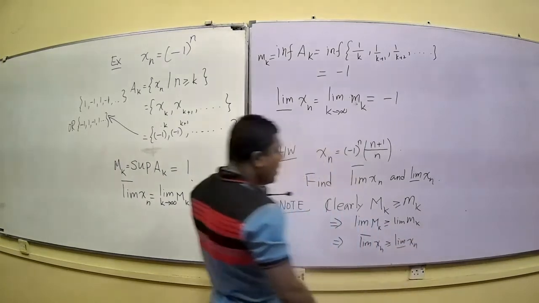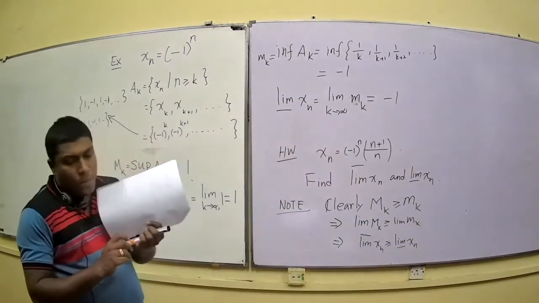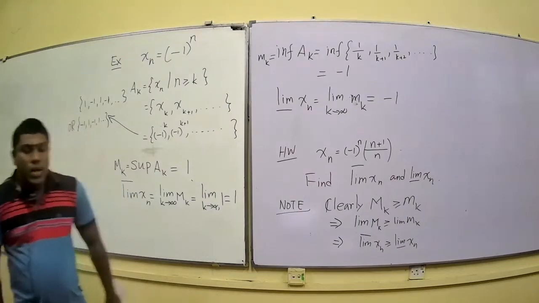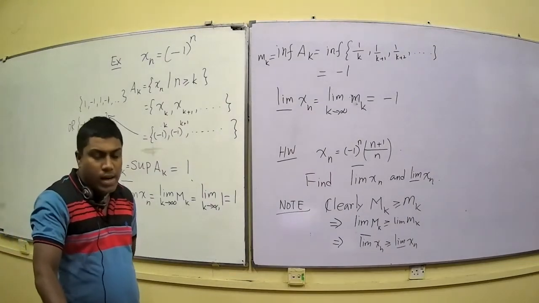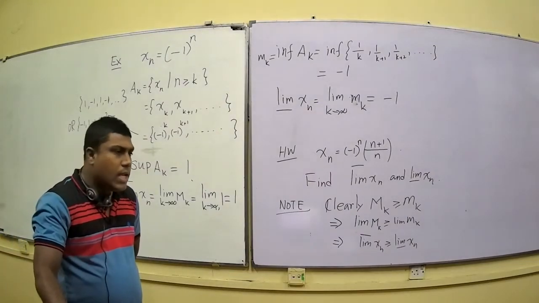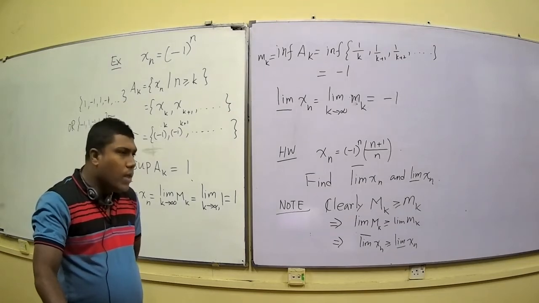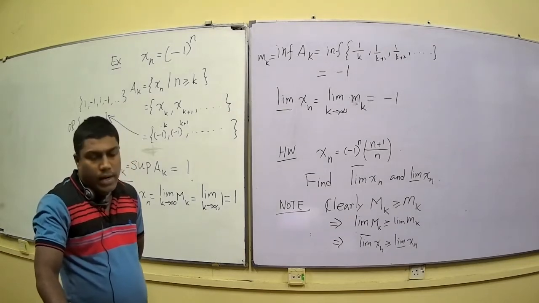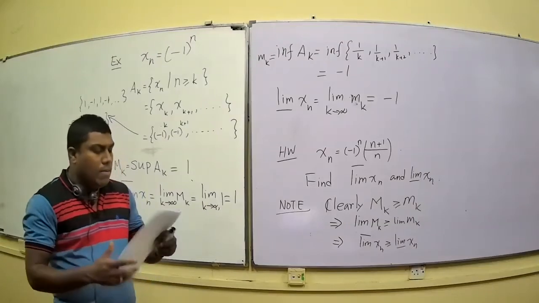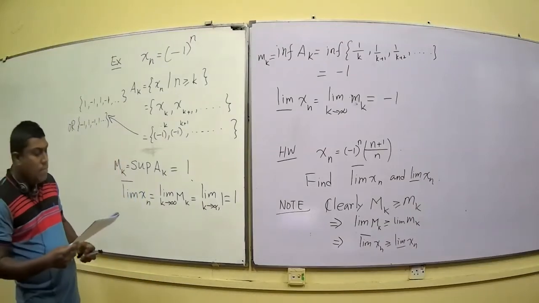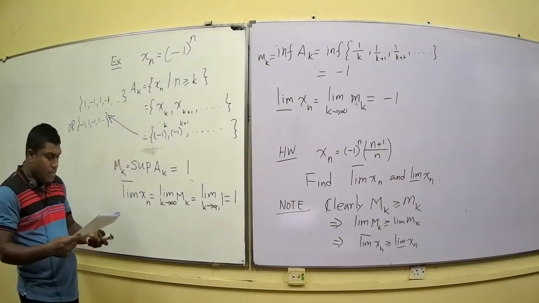Obviously you can understand that lim sup will be bigger than or equal to lim inf, right? There are equal cases as well, and there are non-equal cases. If they are equal, they will be equal; if not, lim sup will be bigger than lim inf, right? This is something you can easily see.